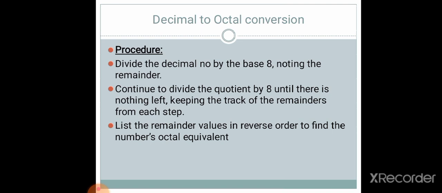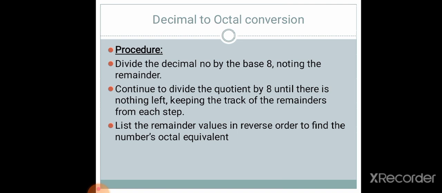That's why we took the number 2 for division and multiplication. For decimal to octal conversion, the base of the octal number system is 8. So for division and multiplication you have to take number 8. Now the procedure will remain the same, just we are using number 8 for division and multiplication.